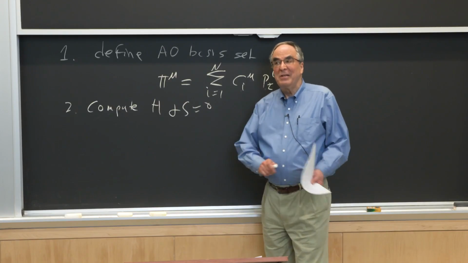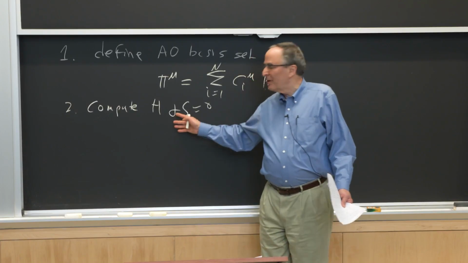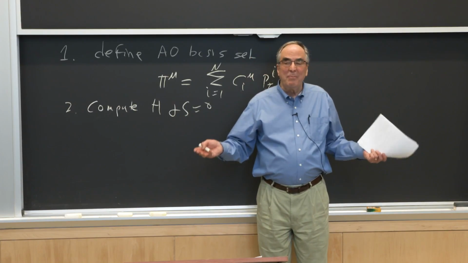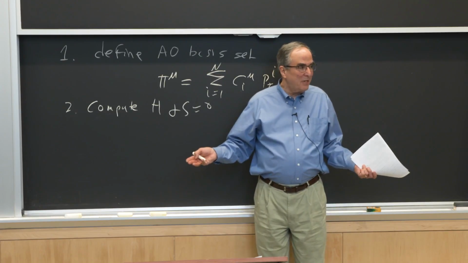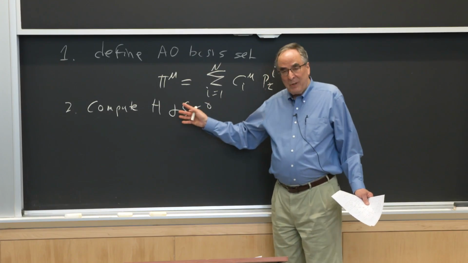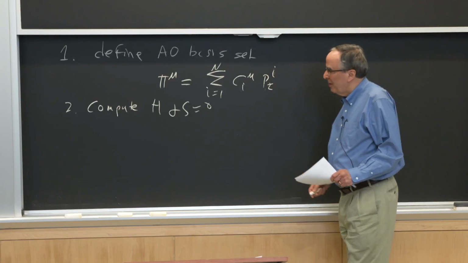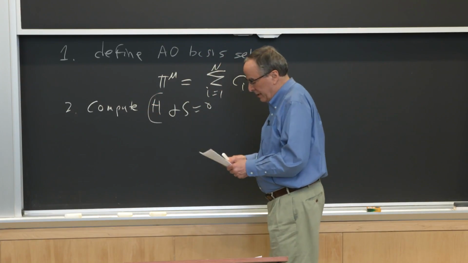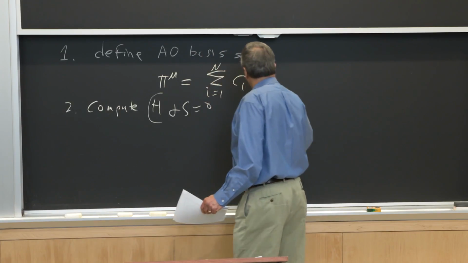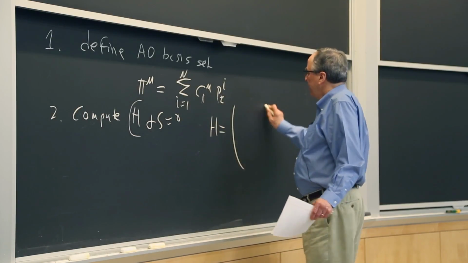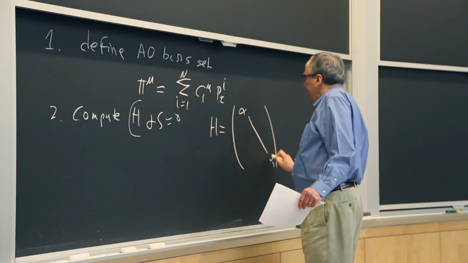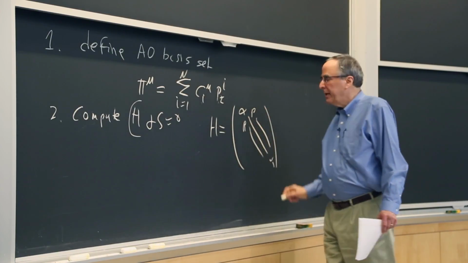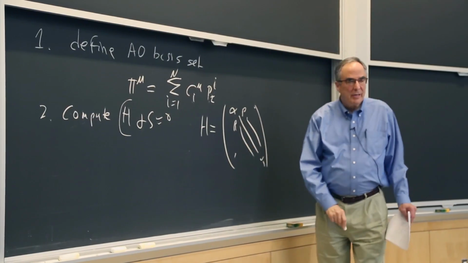But when you include overlap, it leads to greater complexity of the calculation and not much improvement in the results. And so we normally don't worry about the overlap. So all we care about is this. And as I said, H has this structure of alpha, beta, beta, tridiagonal structure, and maybe something up here. That's it.